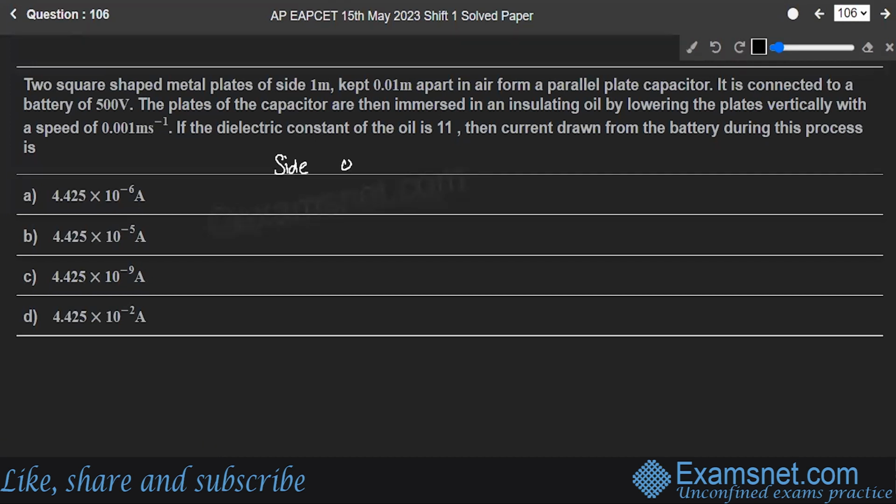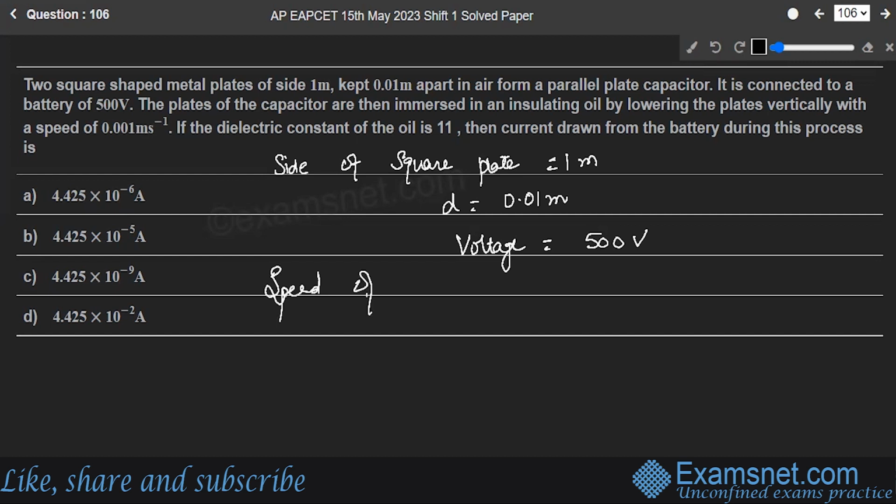First of all, the side of the square plate is 1 meter, and the distance between the plates is 0.01 meters. Voltage of the battery is 500 volts, and the speed of immersing in oil is 0.001 meter per second.